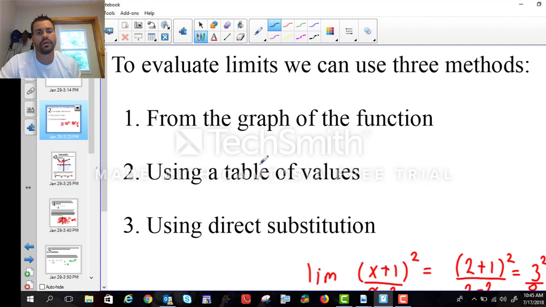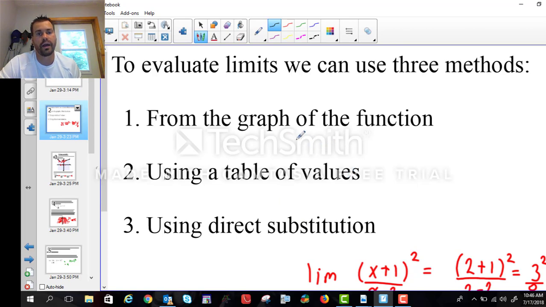So we're going to evaluate limits from the graph, and that is only possible if you have the graph of the function. There are going to be times where you might be given the graph and not the function. You're not told what the function is or what it describes, just shown a picture. So then you have to use the graph. And there are other times where you're going to be given the function as an algebraic expression, and you can choose whether you want to draw the graph and then find the limit, or just find the limit using one of these 2 methods.